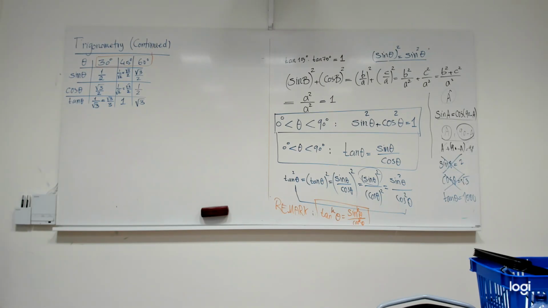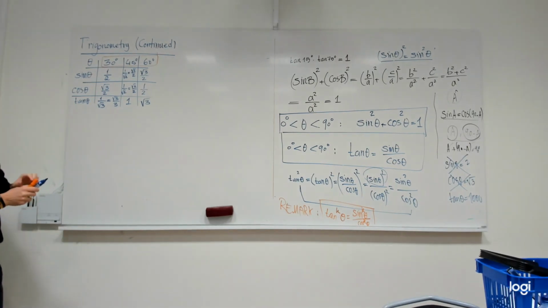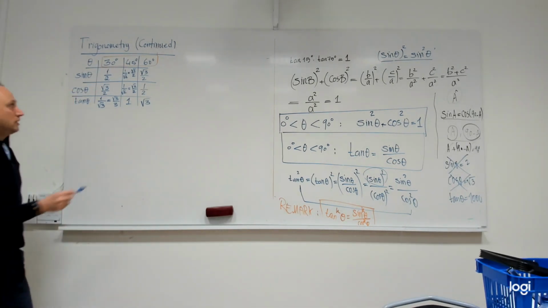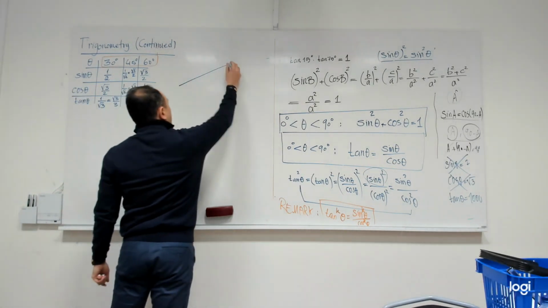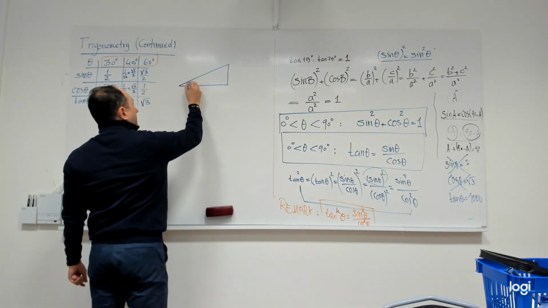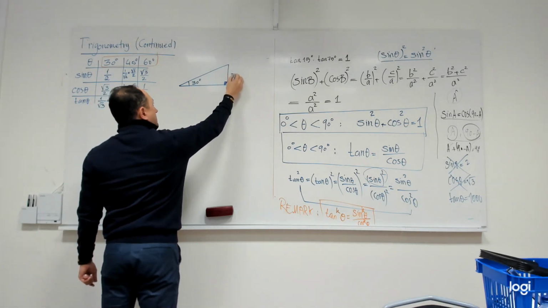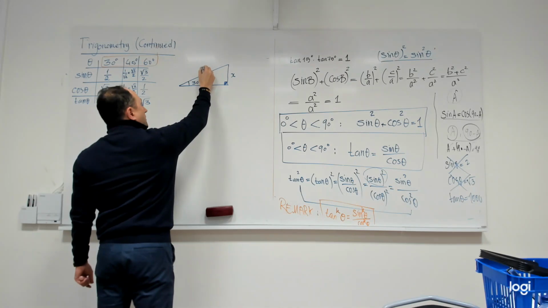Another important thing that we covered yesterday is that, by the way, there was a nice geometry property for this angle. I want the people who are interested in solving harder problems to remember this. If you have a right angle triangle, yes, and this angle is 30, if this is x, yes, this becomes 2x.